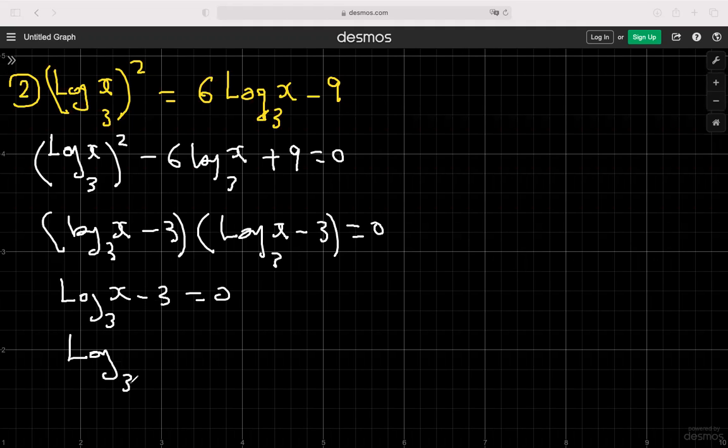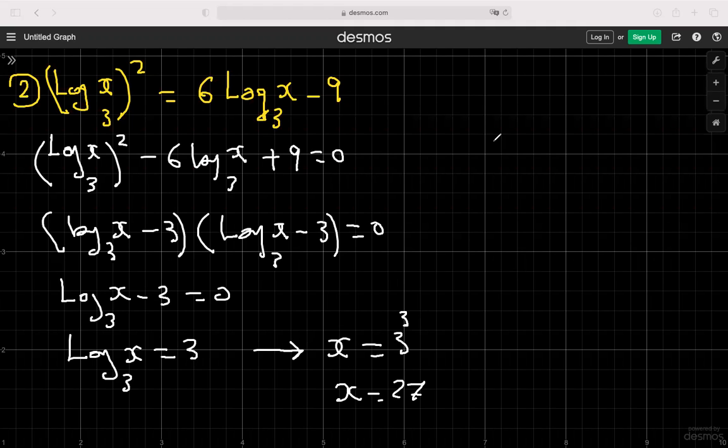Log base 3 of x equals 3. Change this to exponential form, so x would equal 3 to the power of 3, which is 27.